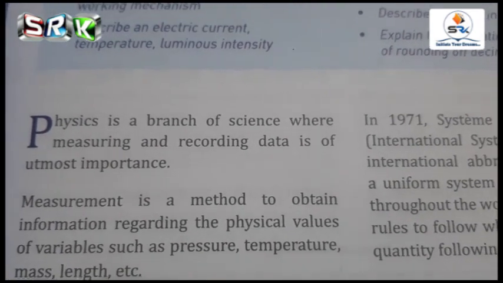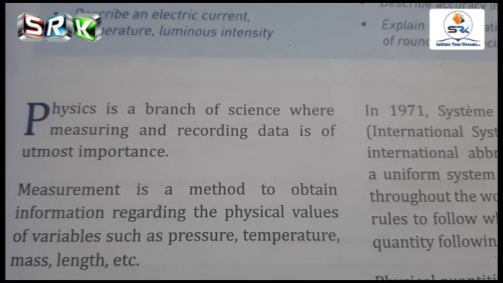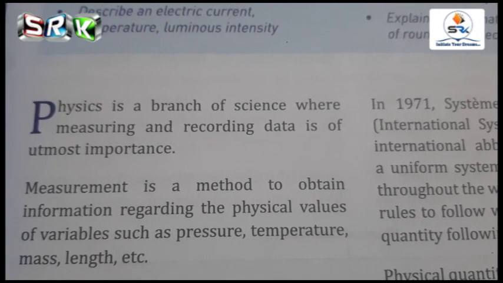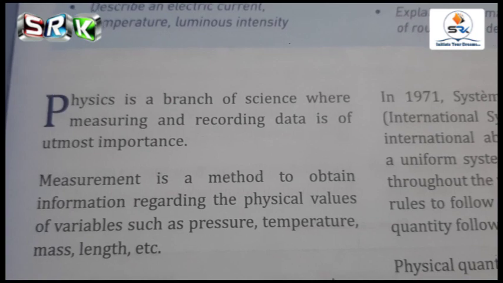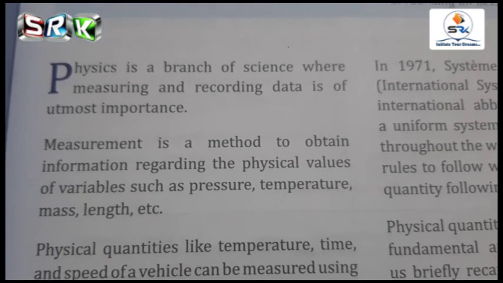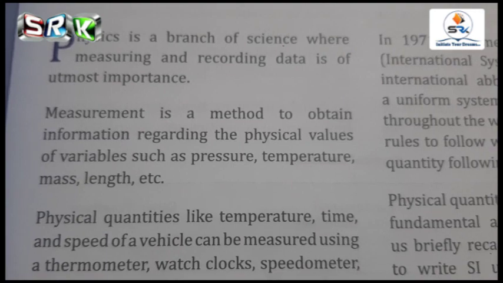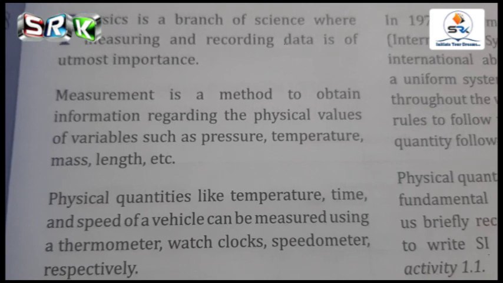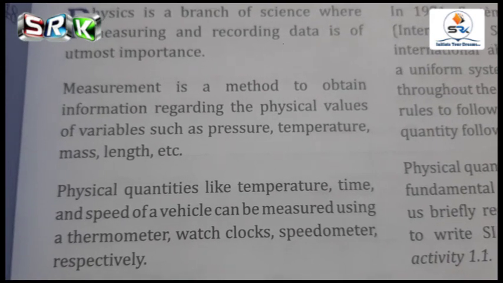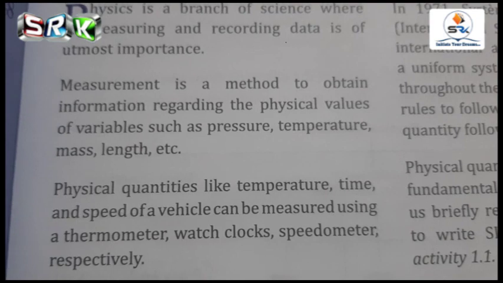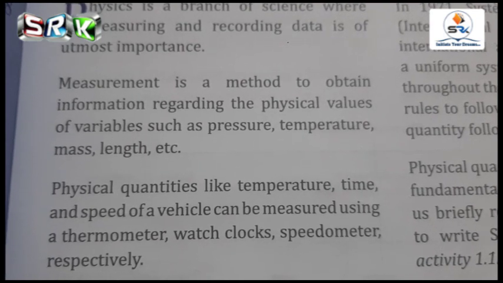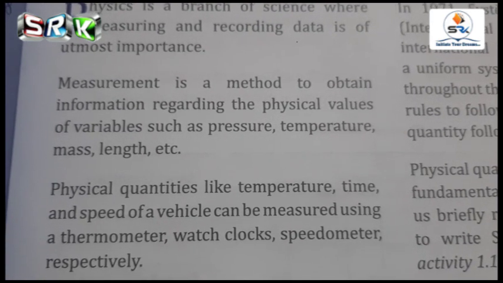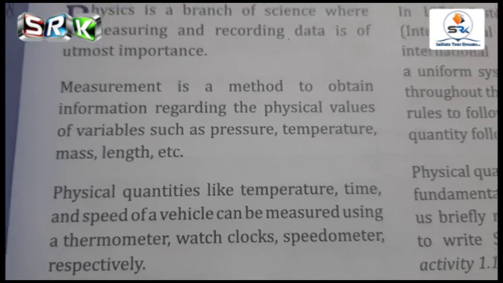So measurement is a method to obtain information regarding physical values, such as pressure, temperature, mass, length, etc. Physical quantities like temperature, time and speed of a vehicle can be measured using a thermometer, watch or clock, and speedometer respectively. A thermometer measures our fever degrees.